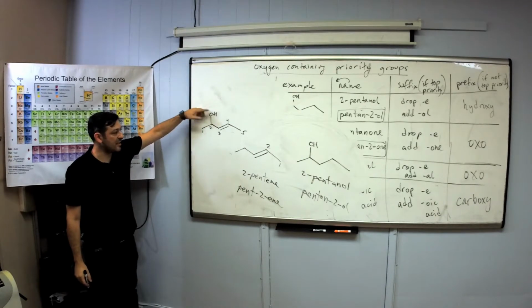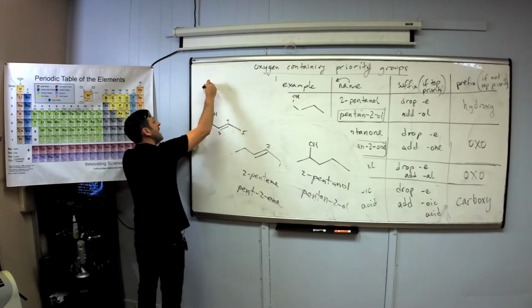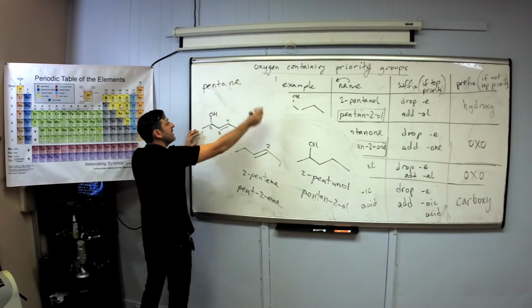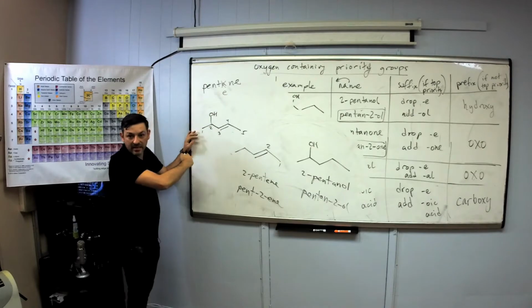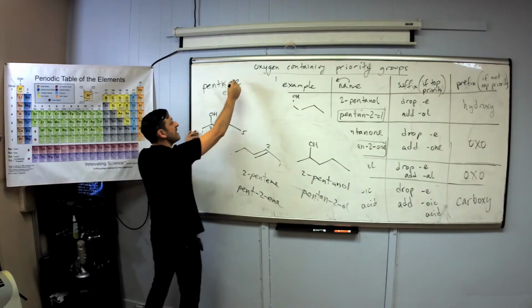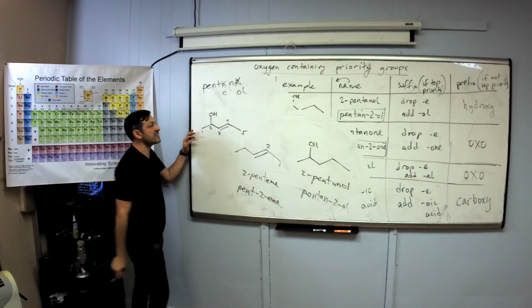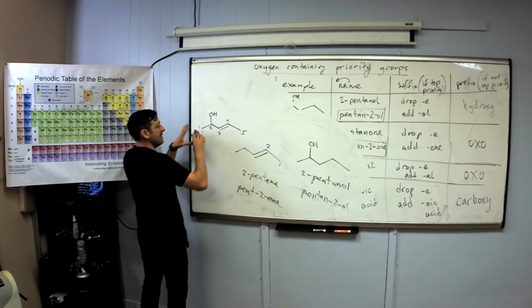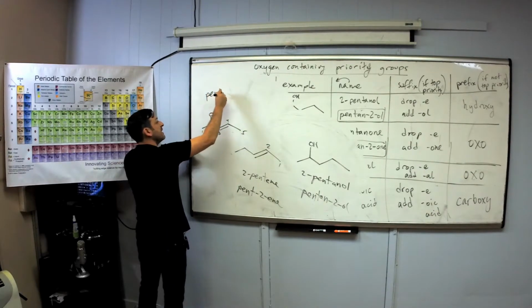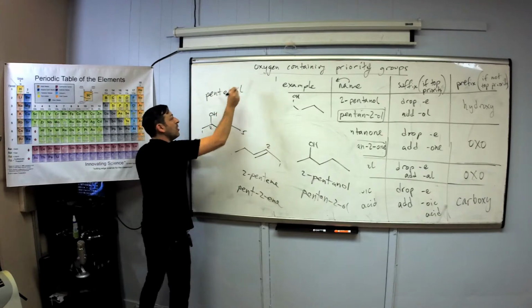But this thing is still going to be called not pentane. Instead of the A, an E because it's a pentene, right? And instead of the E at the end, it's an alcohol. So this is a pentene-ol, right?